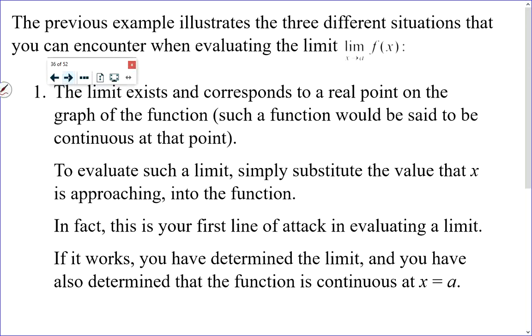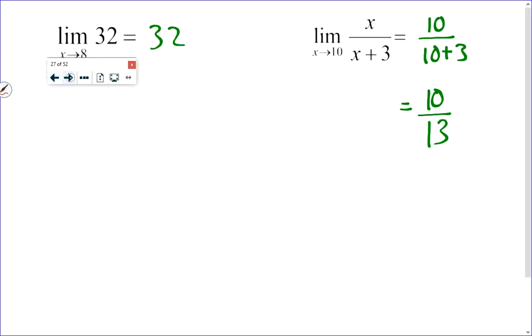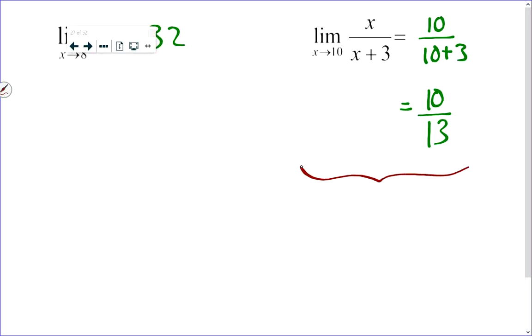And you know that's the case when you put in a value of x and it gives you a number. So if you're able to put in a number for x and get the value of the function, then that number you get is the limit. Okay? And just to go back and show something to you, this one is a case where we just went ahead and put in the value for x, and as a result, you got a number coming out, and the number coming out is the limit.